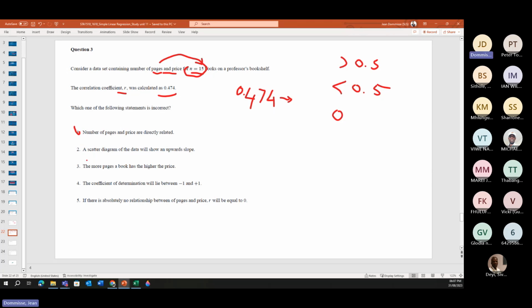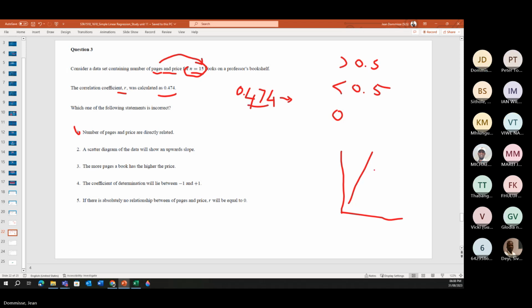Okay, a scatter diagram of the data will show an upward slope. Yes or no? Yes. Cool. Okay, because that is positive, the slope will also be positive.